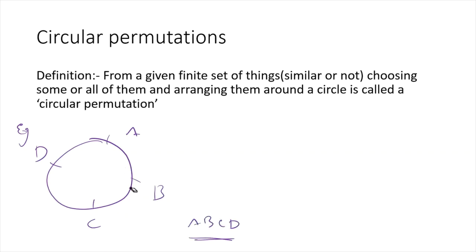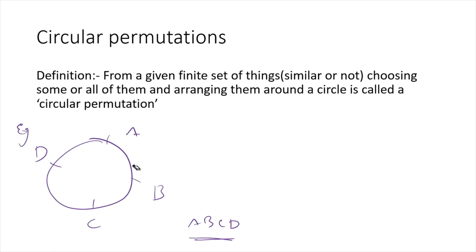Anyway, we have studied the differences between linear permutations and circular permutations. So let me recall those differences quickly. In a linear permutation, we have the notion of first place, second place, and last place. But in a circular permutation, we don't have the notion of first place, second place, and so on. And a few linear permutations result in a single circular permutation.